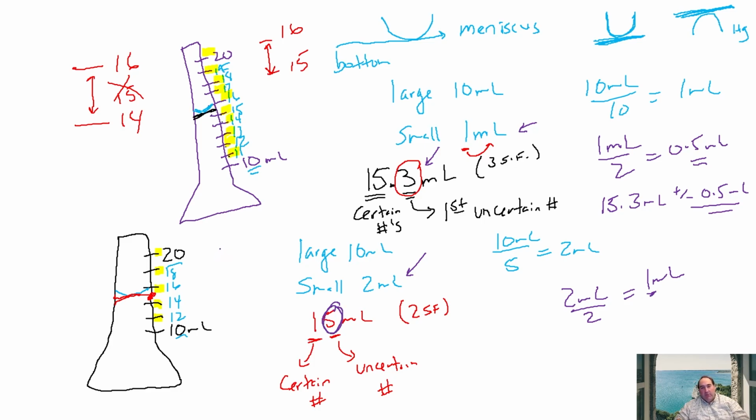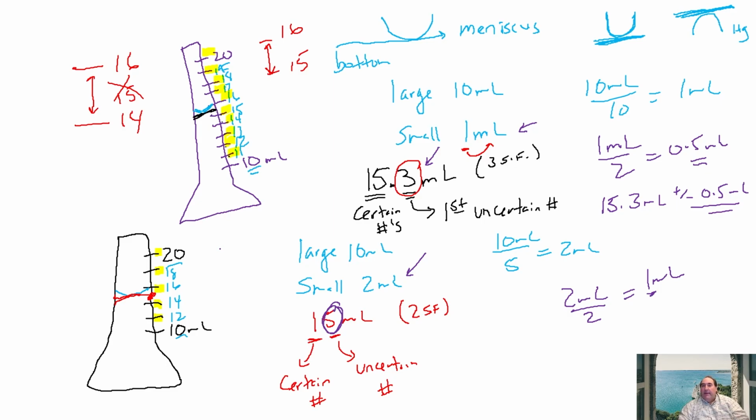So if you're not sure how far you should take the reading, the general rule of thumb is, most of the time, one more place to the right of the smallest marking. If you're still not convinced, but you can figure out what the smallest markings represent in terms of value, all you have to do is divide it by 2, and you should take your reading to however far out that goes. So again, either 1 decimal place, whole number, 2 decimal places, whatever it may be.